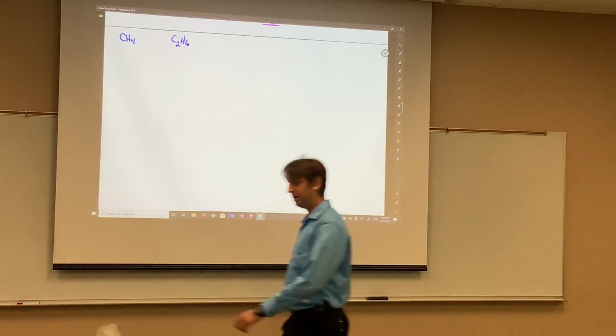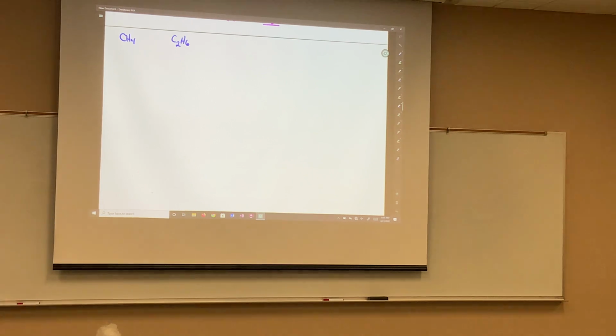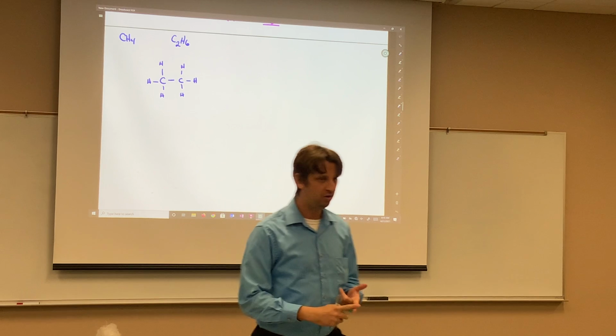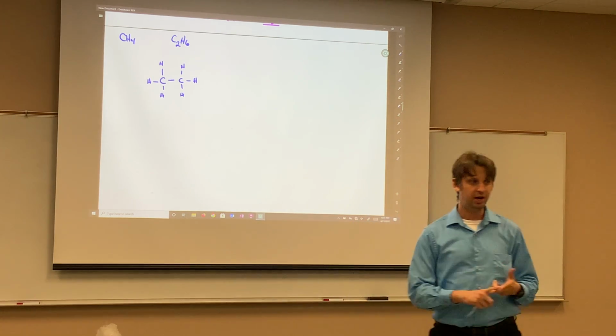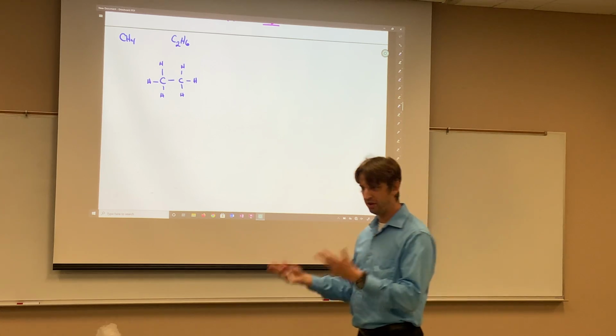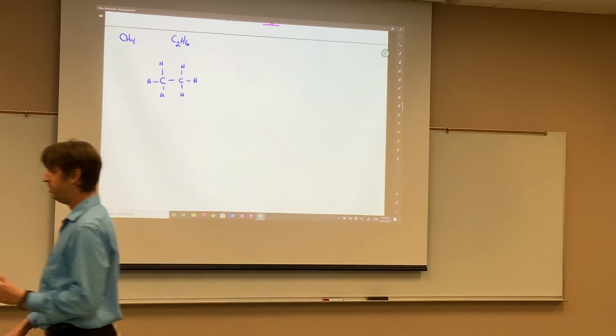Looks like most of you guys are on the right track here. Carbon, carbon. Not too bad, right? We drew something. Always go back and double check. Each carbon should only have 4 bonds to it. Each hydrogen should only have 1 bond to it. And we notice that the carbons are the ones that are bound to each other.